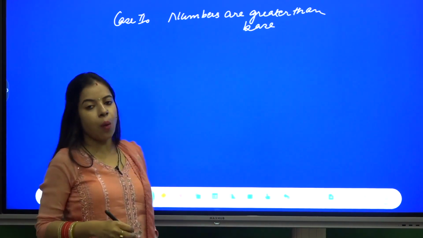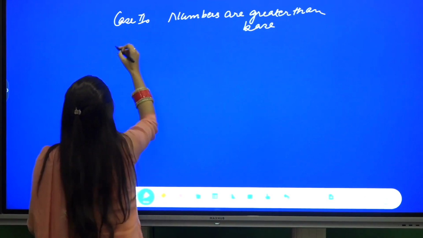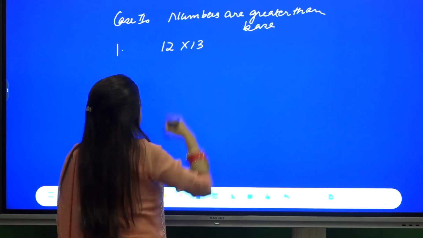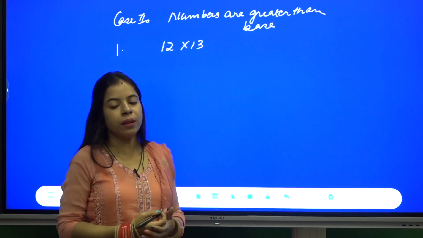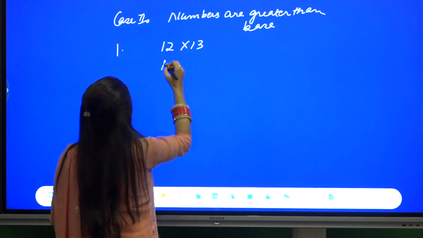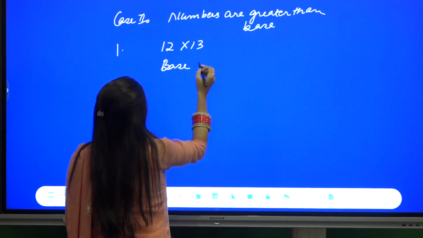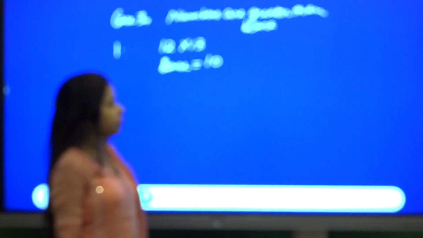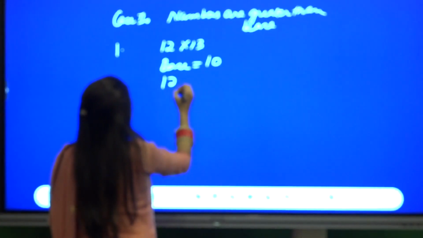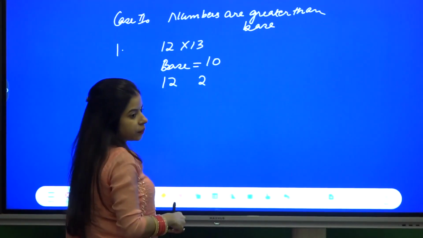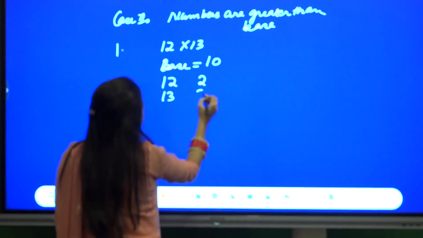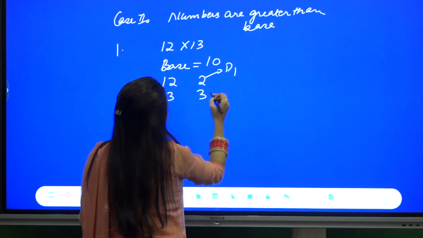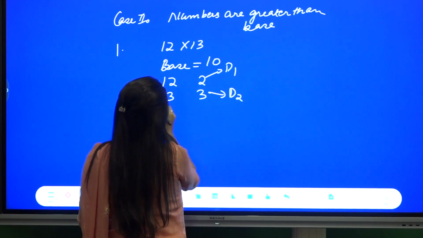Let us start with a two digit number, say 12 into 13, where the base will be 10. Now 12 is 2 more than 10 and 13 is 3 more than 10. So 2 is deviation 1 and 3 is deviation 2.